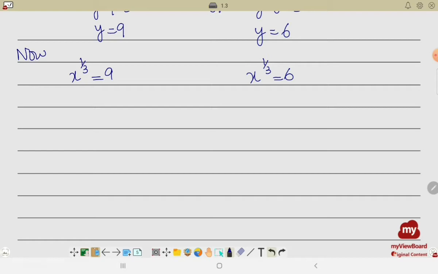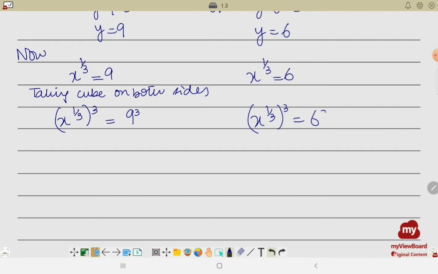Now we just need to find the value of x, so we are supposed to take cube on both sides. Taking cube on both sides, x raised to power 1 by 3 whole cube equals 9 cube. Here also x raised to power 1 by 3 whole cube equals 6 cube.